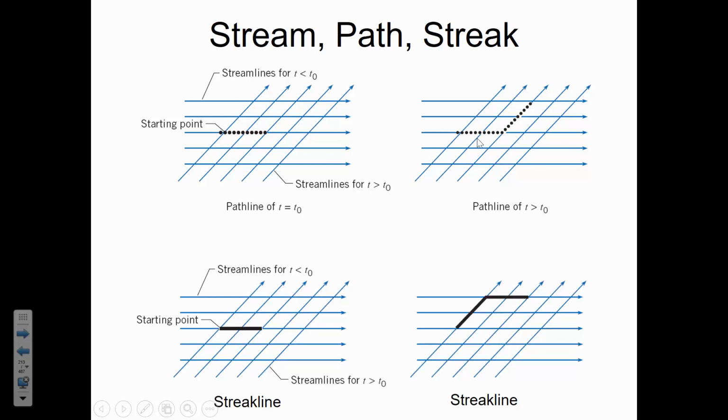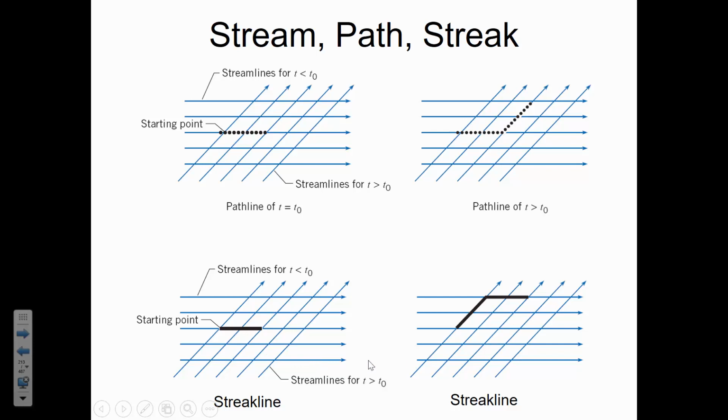Here's the streak line. And we always were injecting the tracer at the same location. And so over here, this is the first bit of tracer that got injected to the fluid. If this is paint that we're pouring in, the first bit of paint was this because it got pushed to the right during the period before T naught.